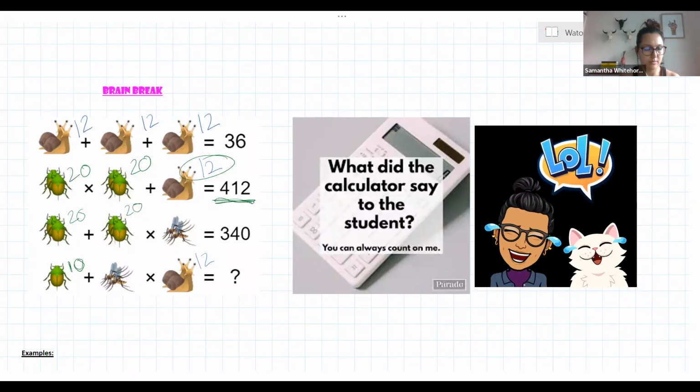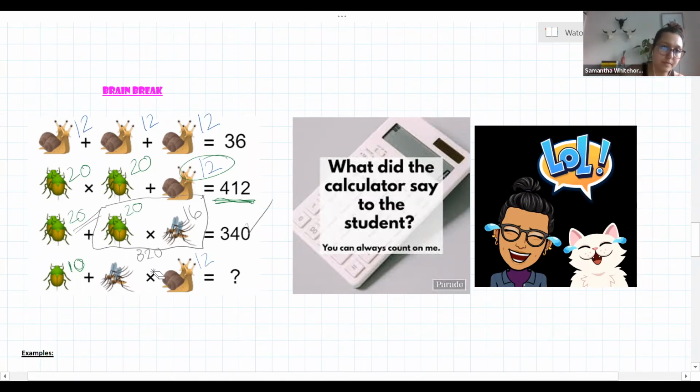So, hang on, let me just get this right. Okay. So 2 mosquitoes, you're saying, is 16. Yes, ma'am. Perfect. Because remember, guys, as Mpumelelo said, we have to do the multiplication first. So 20 times 16 is 320. And then when we add that extra 20, we get the 340 that we want. Good, well done.